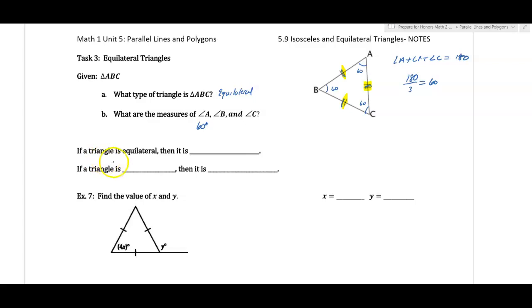So basically, if a triangle is equilateral, then we can say it is equiangular, meaning all angles are congruent. If a triangle is equiangular, then we could also say that it is equilateral. Okay, we're going to use that idea in the next few examples.